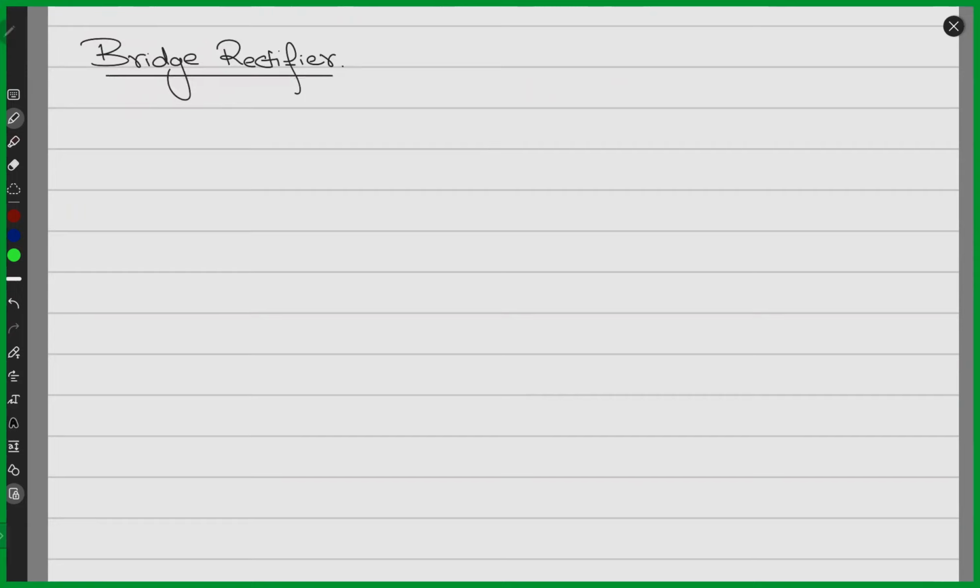If you find the names intimidating, just ignore them. A bridge rectifier is a combination of diodes connected together, right? It looks like a diamond shape. Let's see if I can draw that. Yeah, something like that. And there are diodes connected in this way.